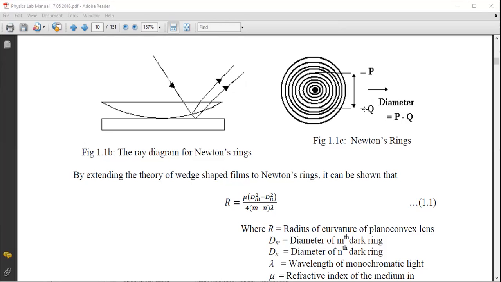If you measure these two points, can you calculate the diameter of this fifth ring? Yes, sir. Right, the difference will be the diameter, isn't it? So if Q is 4 millimeters and P is 1.5 millimeters, what will be the diameter of the fifth ring?